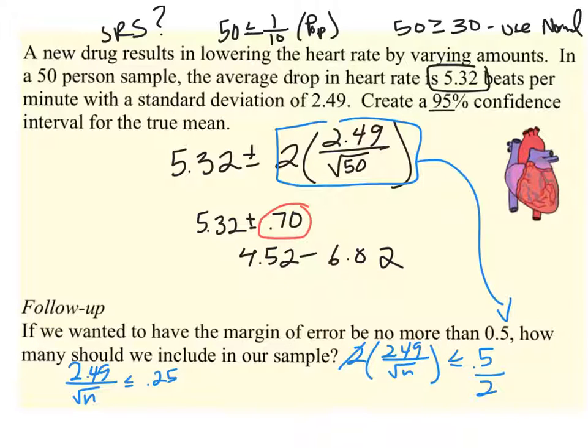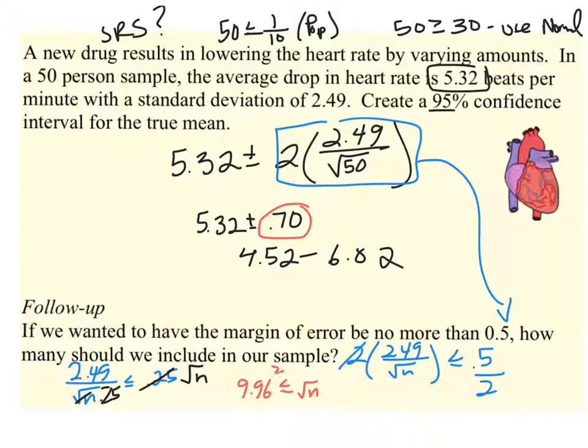So you can multiply both sides by the square root of n, then divide both sides by 0.25. So this yields, when you divide 2.49 by 0.25, it yields 9.96 is less than or equal to the square root of n.